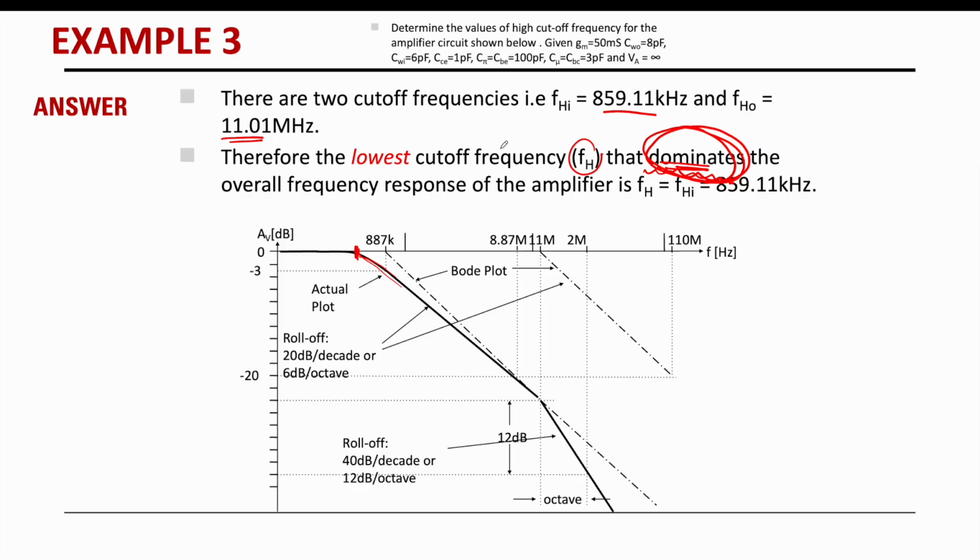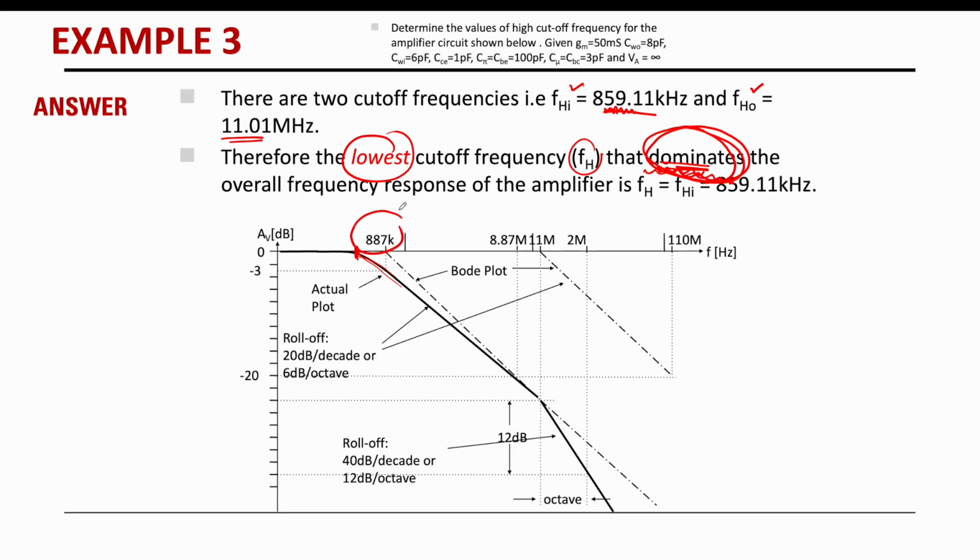For lower frequency, usually the highest value dominates, right? But for higher frequency, the frequency that dominates is the lowest cut-off frequency. So between FHI and FHO, you need to choose the lowest, which is 859.11 kilohertz. So this will be our dominant frequency.